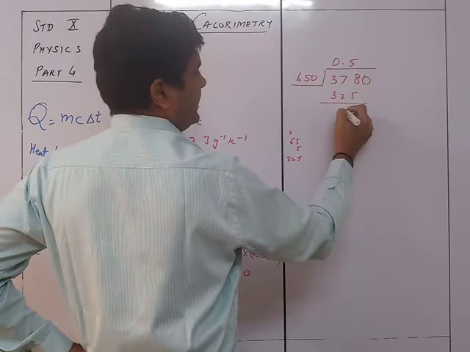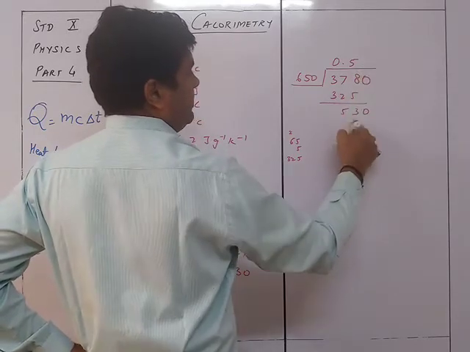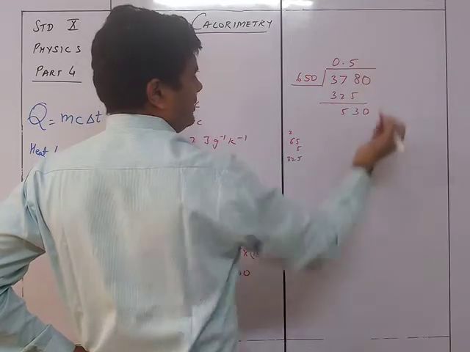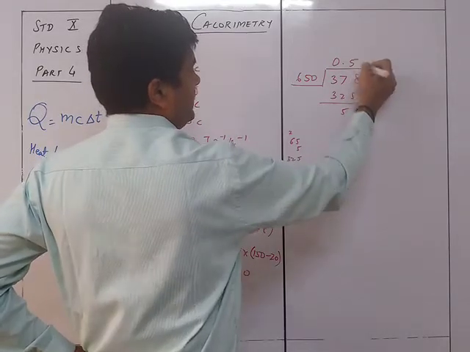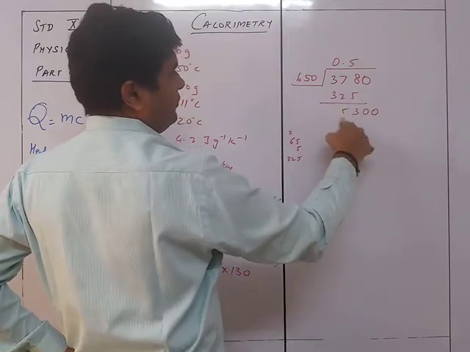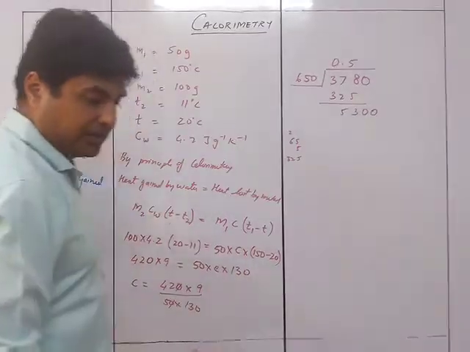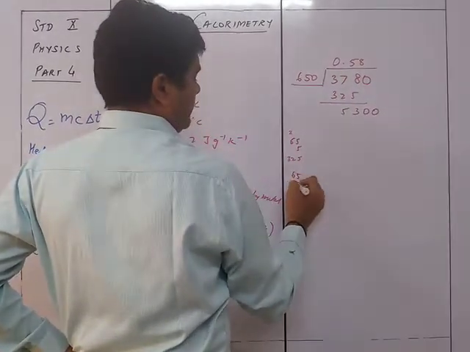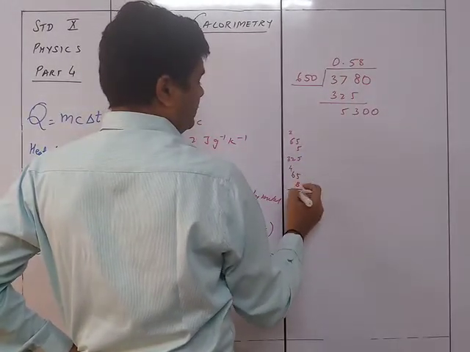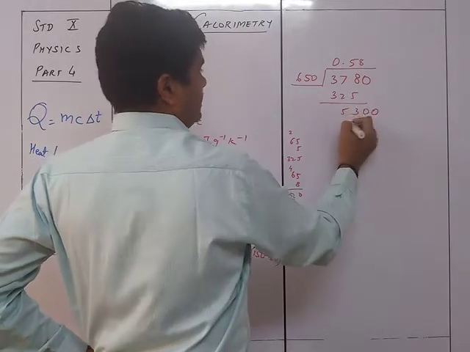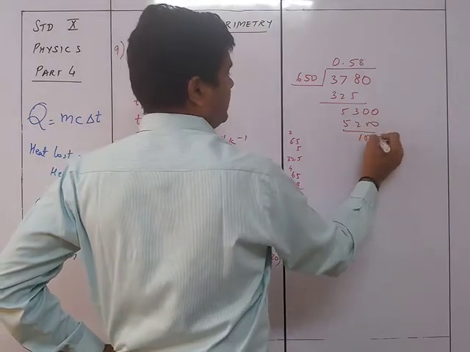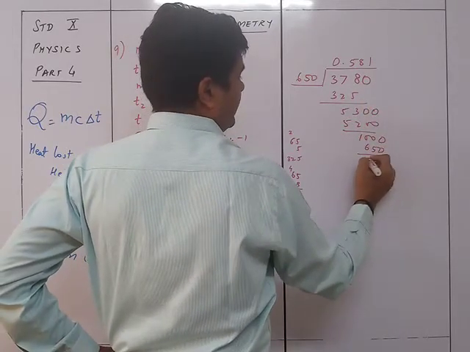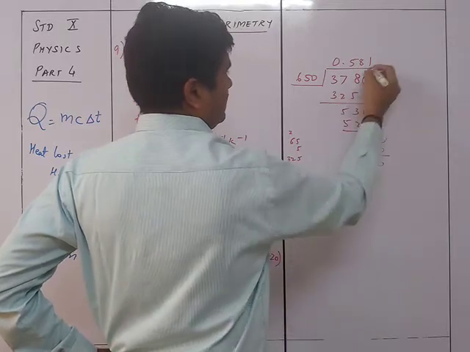So this is 3 and this is 5, 30. Then it will not be possible, so there will be a 0 added here. So to give you around something like 8. So 65 into 8 will be 520 and then you are going to get 350, so that will again be 5.